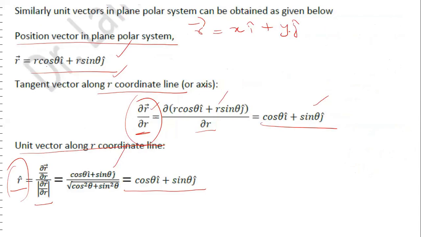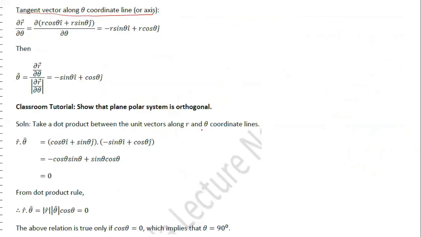So here also, to find the tangent vector along the r coordinate line, we simply differentiate the position vector with respect to the r coordinate variable. Then we get the tangent vector, and then you can find a unit vector like this. Similar to that, to find the tangent vector along the theta coordinate, we simply have to differentiate the position vector with respect to the theta coordinate variable.